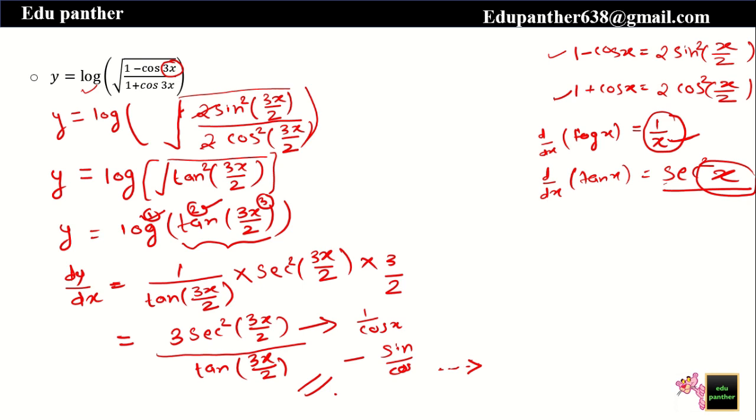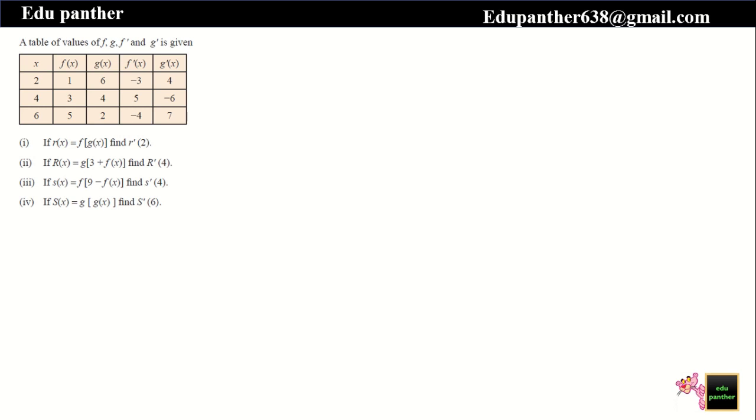Okay, now we'll move to the last question of this video. In the previous questions we saw a function y is given and then we have to differentiate it by using properties of log, UV rule, product rule, everything. But here a table of values is given and we have to find some special derivative. Like in the first term, your function r of x is given as f of g of x and we have to find the value of r dash of 2.